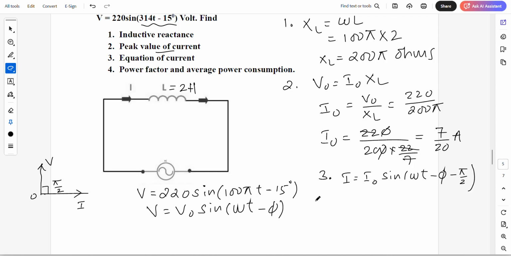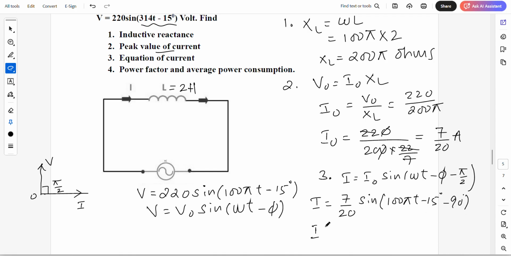That is equal to I is equal to, how much is I naught? Just now we calculated 7 by 20 amperes. Sine of omega t minus phi. Same thing you write 100 pi t minus 15 degree minus 90 degree.